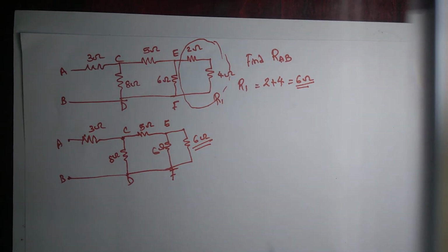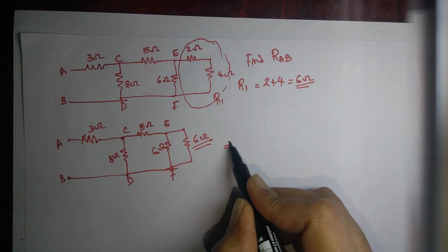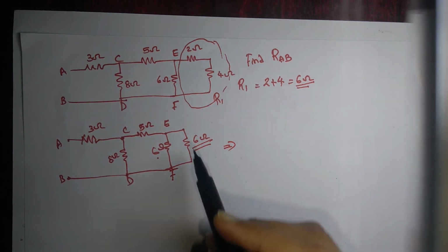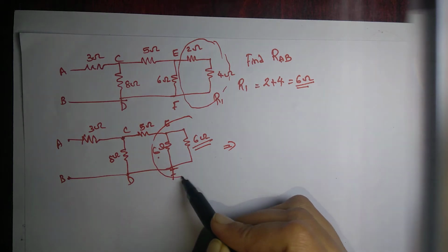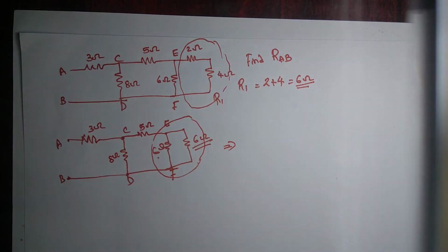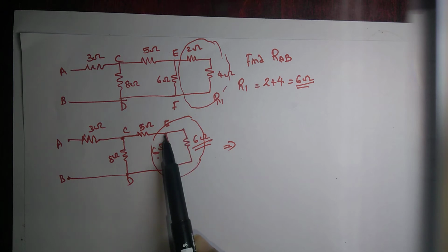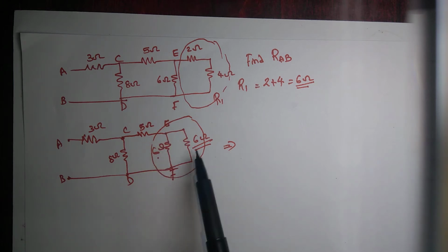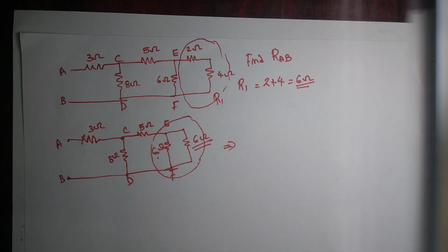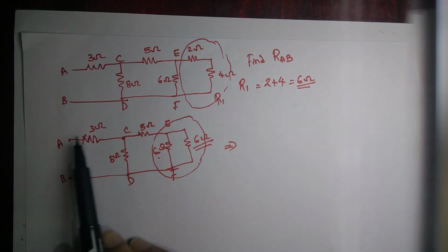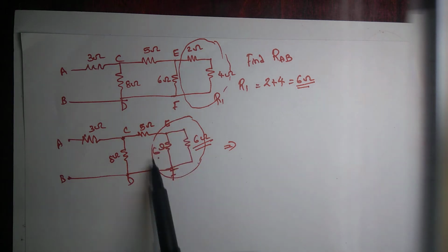Now if I look into it, this 6 ohm and 6 ohm are in parallel. So how can I replace them? I can replace this 6 and 6 with a single resistance because they have common ends. This 6 ohm is connected between E and F, and this 6 ohm is also connected between E and F. So how will I solve this? I will redraw the same circuit except this one.